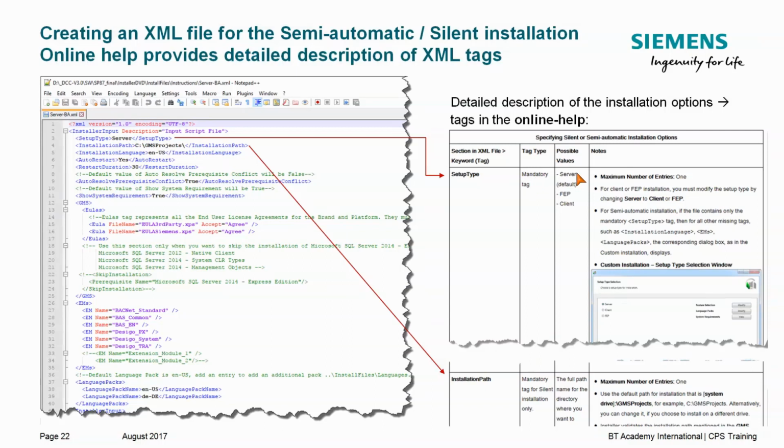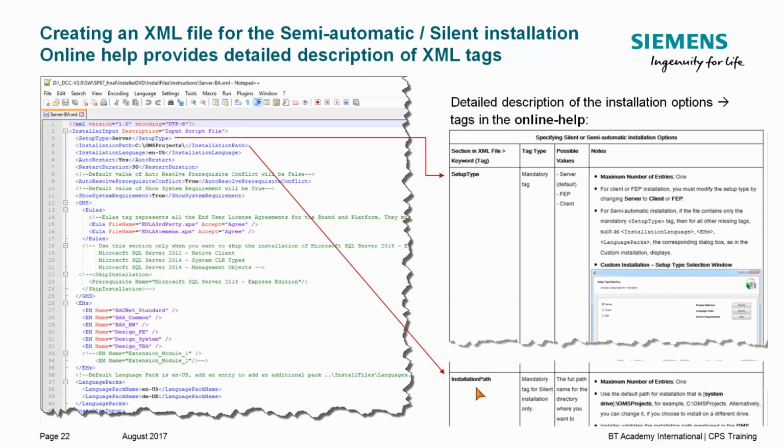Either it is a server, which is the default, a front-end processor, or a client, with the description in the notes part, and to remind you what this was meant for, it also has a screenshot from the custom installation. So you know exactly by seeing this screenshot which point in the custom installation this is meant for, which one you would have to manually select here.